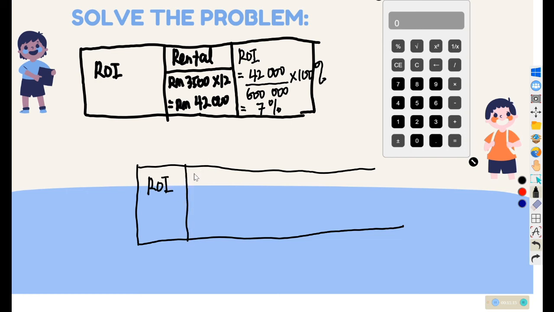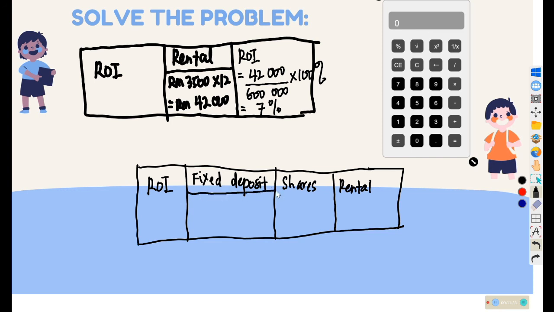First he has the fixed deposit, next he has shares, and last he has rental. For the fixed deposit, the interest rate is 4%.